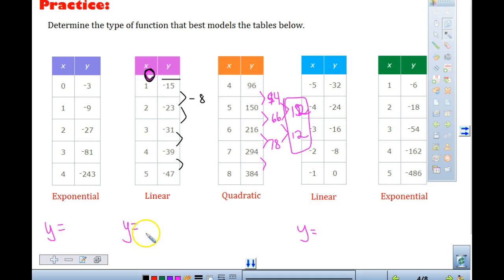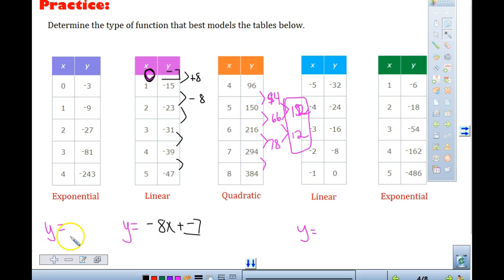Y equals, yep, and we're going to put negative 8x. I need my y-intercept. What am I looking at for my y-intercept? Negative 7. So instead of subtracting 8, I'm going to add 8 onto negative 15, and I get at 0 that it's negative 7. So I have to find that 0 point.